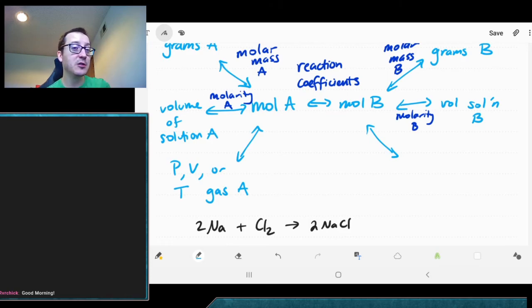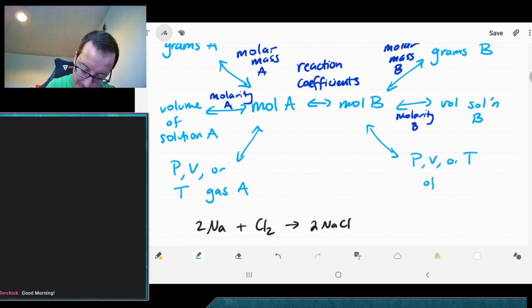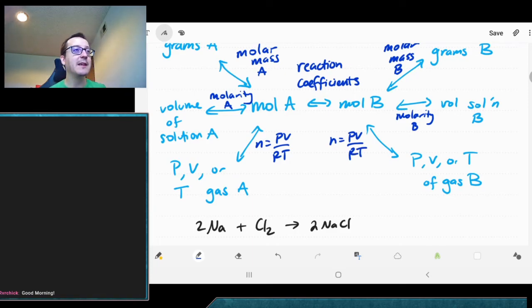We can take a solution volume, or we can deal with gas quantities. And hopefully we remember our ideal gas law will tell us how to go between moles and all of those other quantities. So we can go any pathway we like.